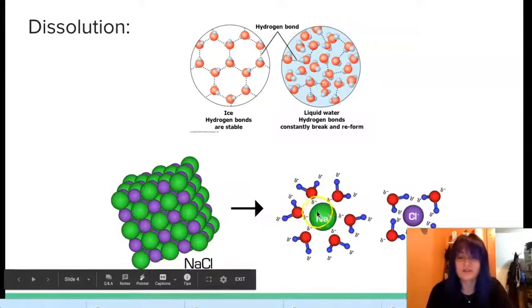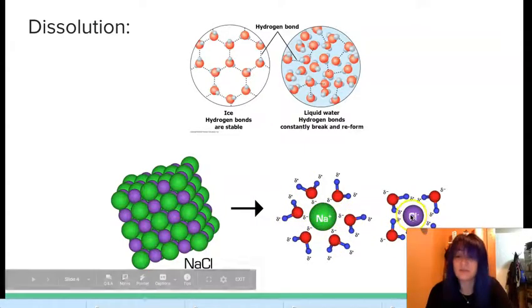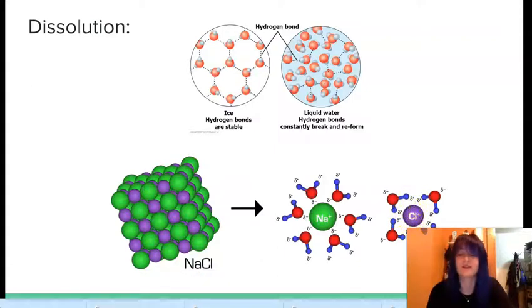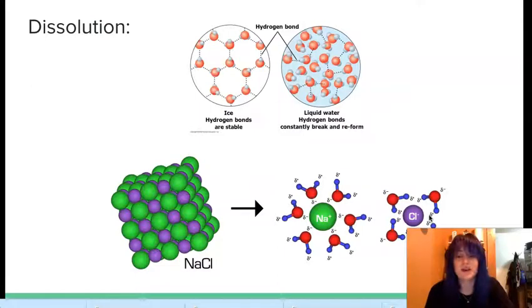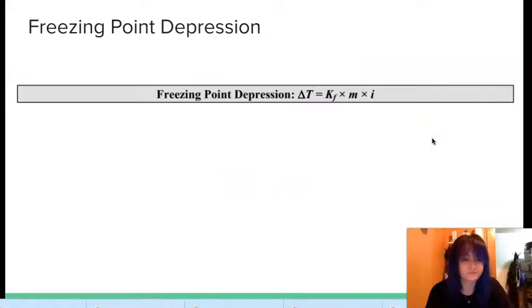So the positive sodium ion is going to be surrounded by the partially negative oxygens of water, and the negative chloride ion is going to be surrounded by the partially positive hydrogens of water. So this is how dissolving a salt can interrupt the intermolecular forces.